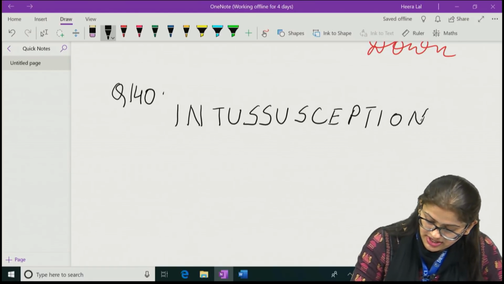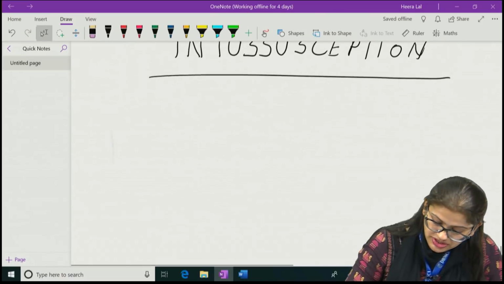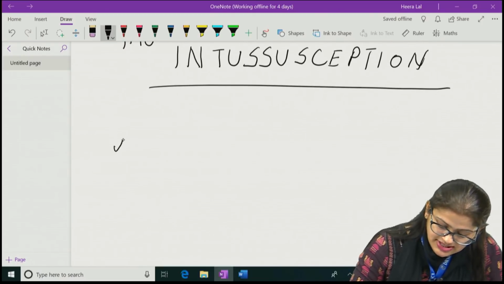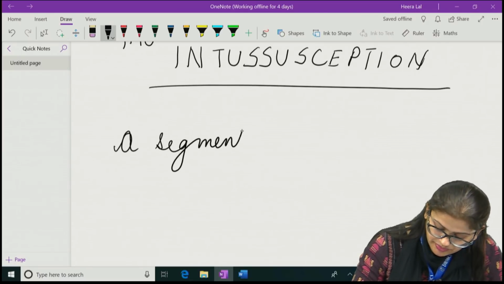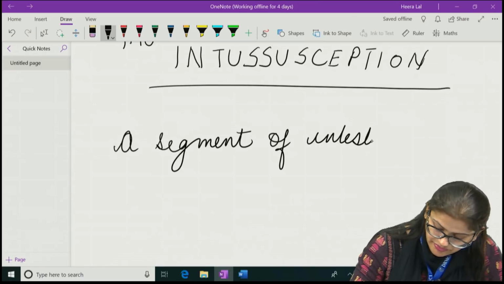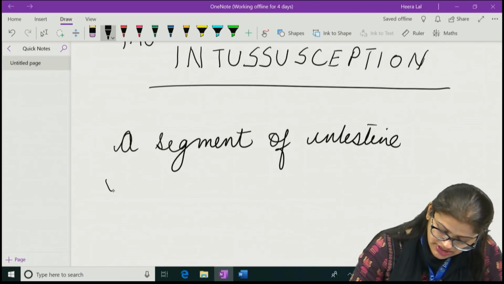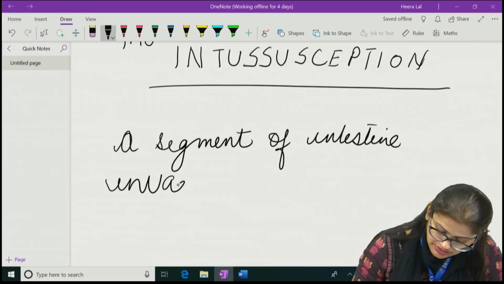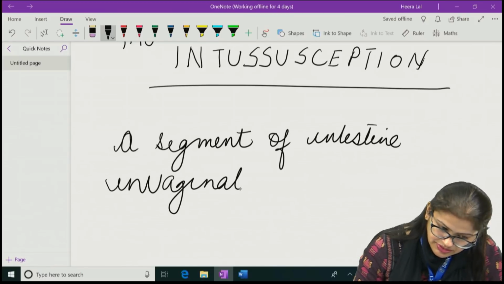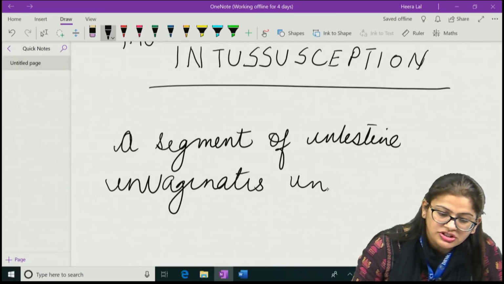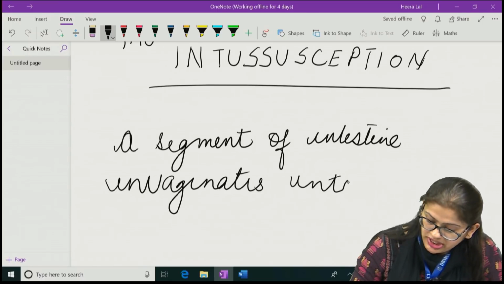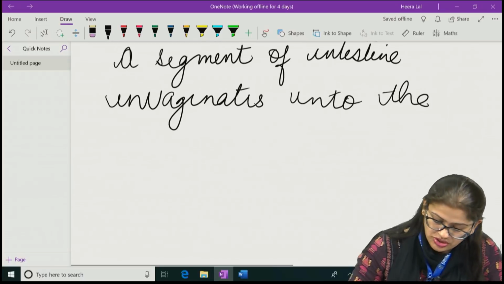It is a condition where a segment of the intestine invaginates into the adjoining intestinal lumen, causing bowel obstruction.